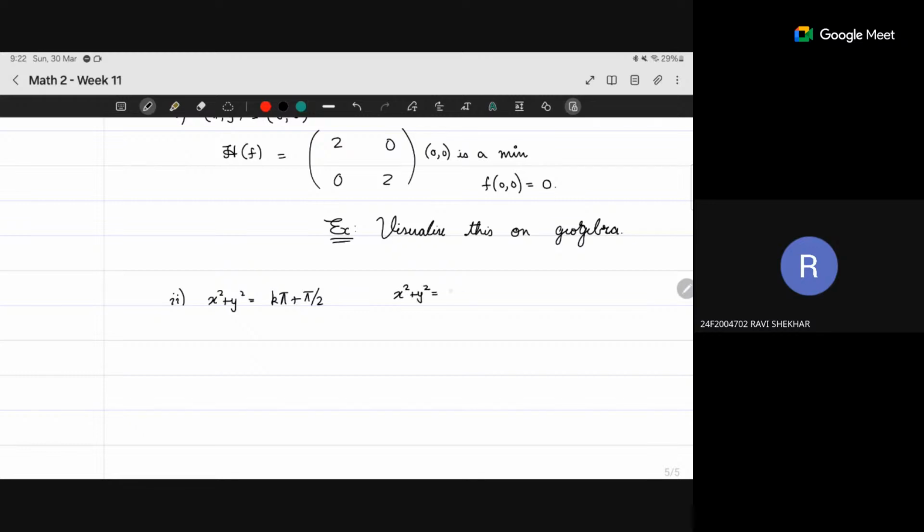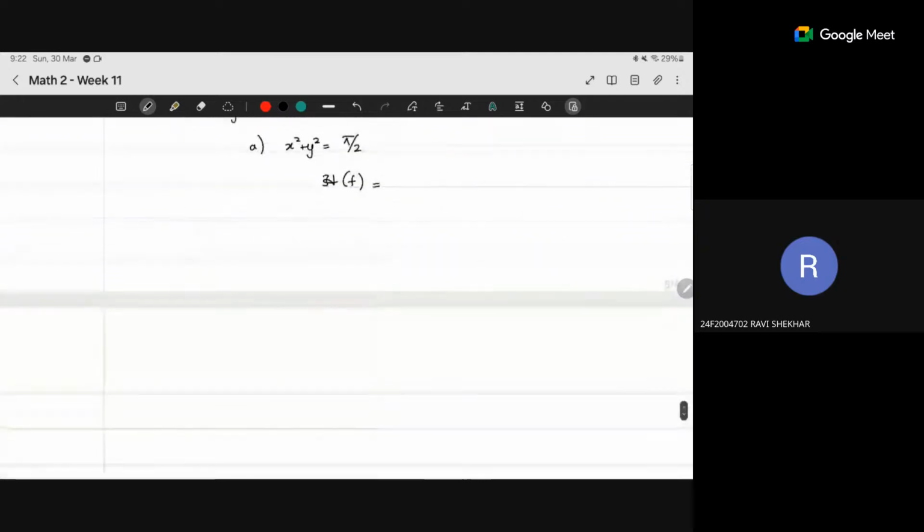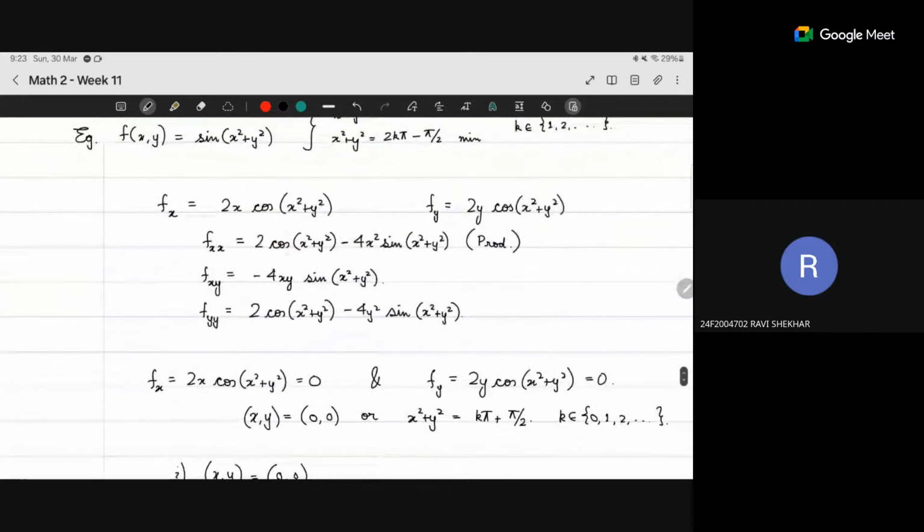x square plus y square is equal to pi by 2. These are sub cases, like 2a. x square plus y square is equal to pi by 2. In this case, what is the Hessian? Keep x and y as they are if you require them. So this part becomes 0, this part becomes 1.